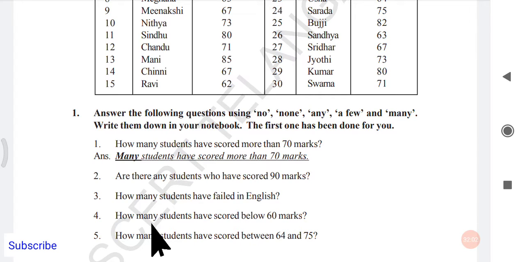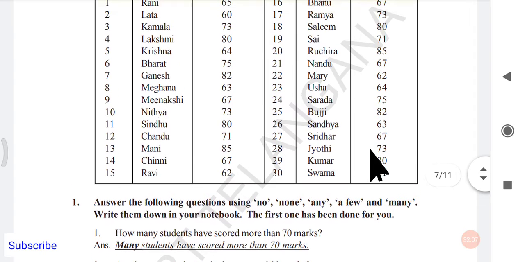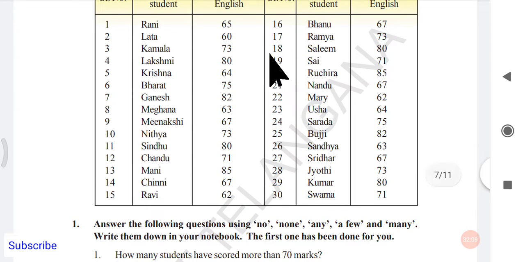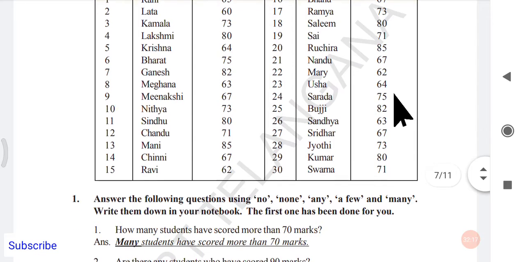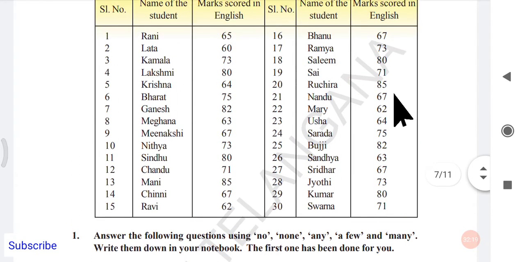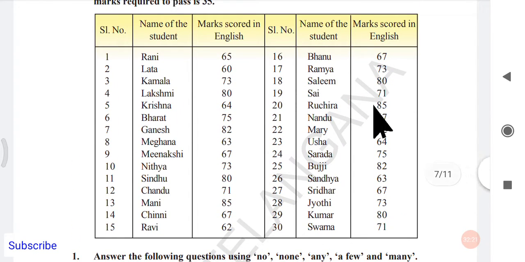Next, fourth one. How many students have scored below 60? How many students are there below 60? I think nobody, right? I think we find nobody there.